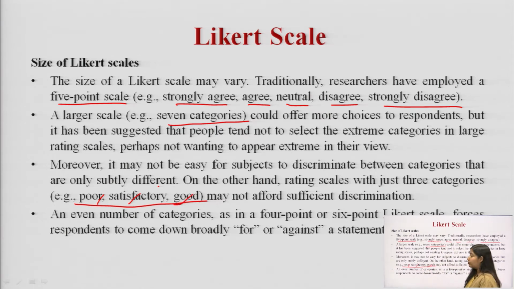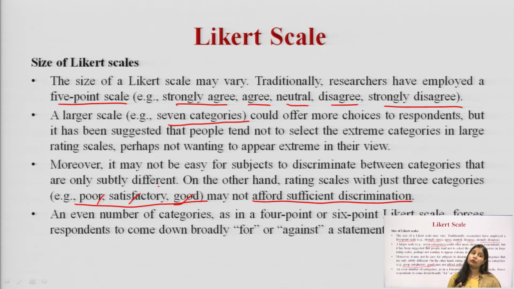Most of the time people do not use this 3-point rating scale, because it may not afford sufficient discrimination between the responses. That is why people did not choose the 3-point rating scale.